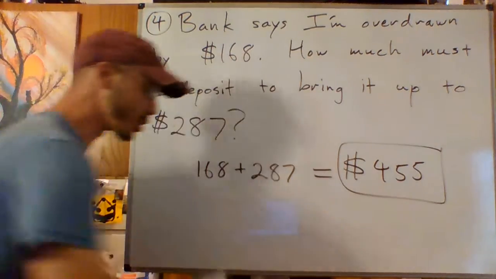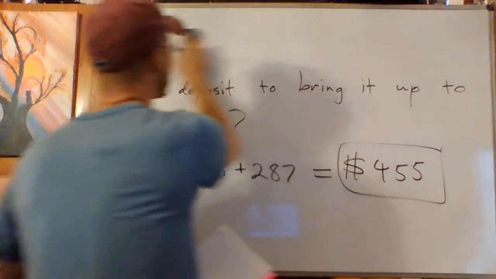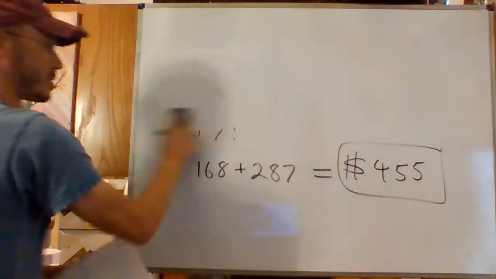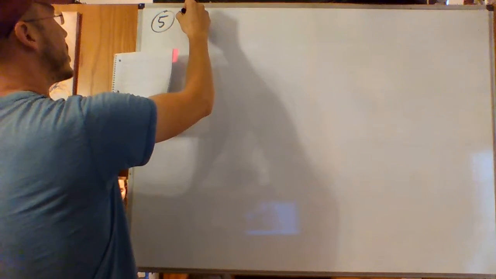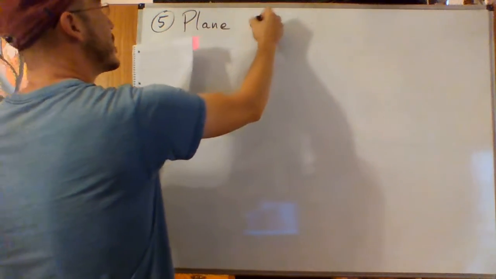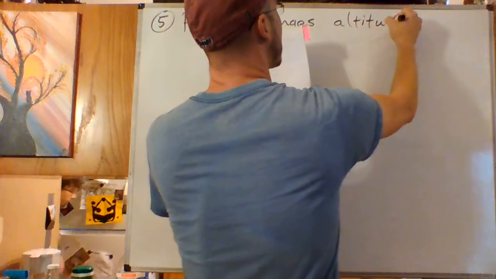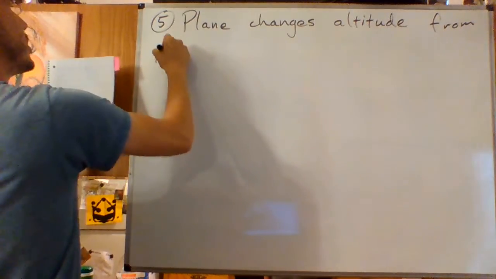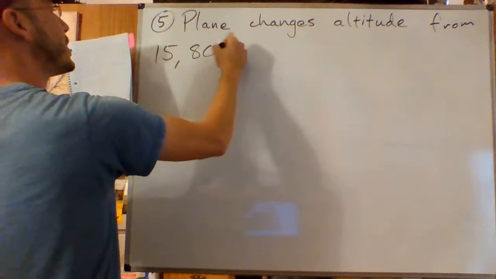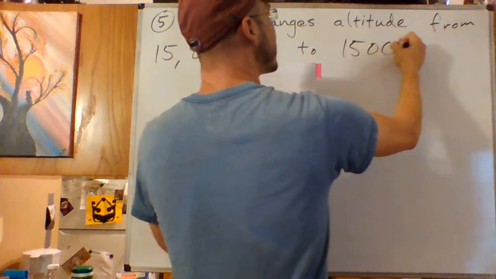The next one's got some words in it too, so there are a few types of word problems in this section. Number 5 says, a plane changes altitude from 15,800 feet to 1,500 feet.